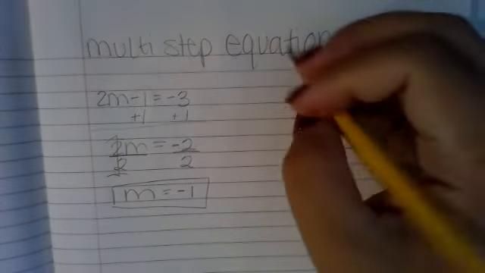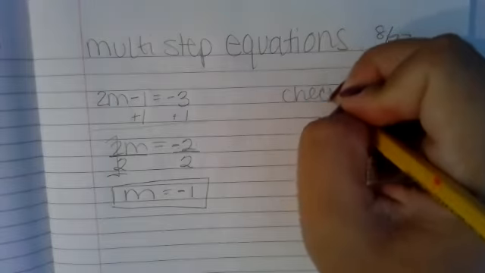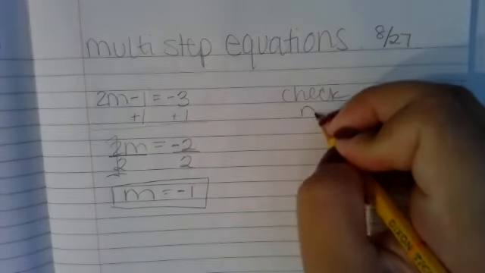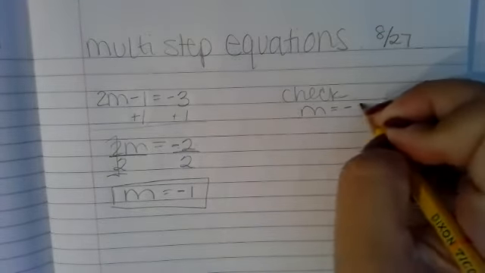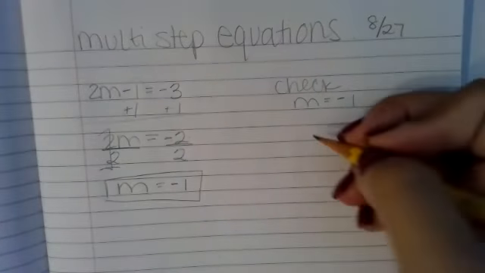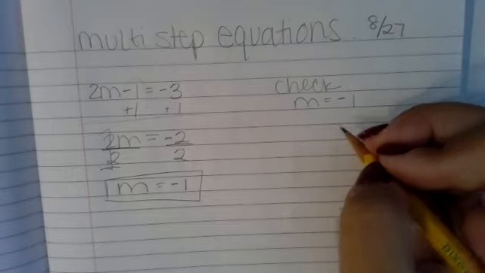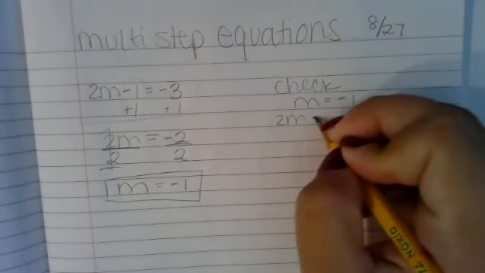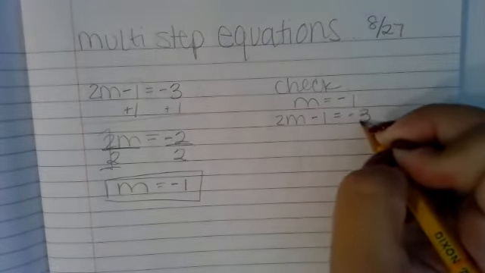We always need to do a check once we solve an equation. So here I'm saying the answer is m is equal to -1. I rewrite the original equation. So my original equation is 2m minus 1 equals -3.